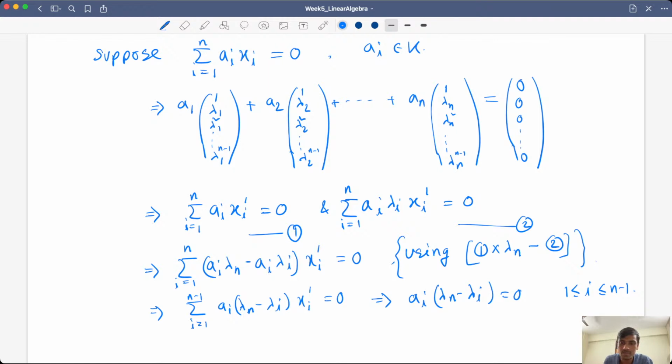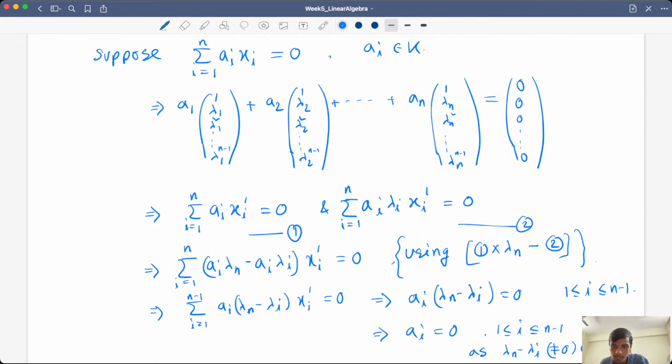So this implies a i equals 0 for 1 ≤ i ≤ n minus 1. As lambda n minus lambda i is not equal to 0 and belongs to k, it has an inverse, so I can multiply both sides by its inverse and I get a i equal to 0.